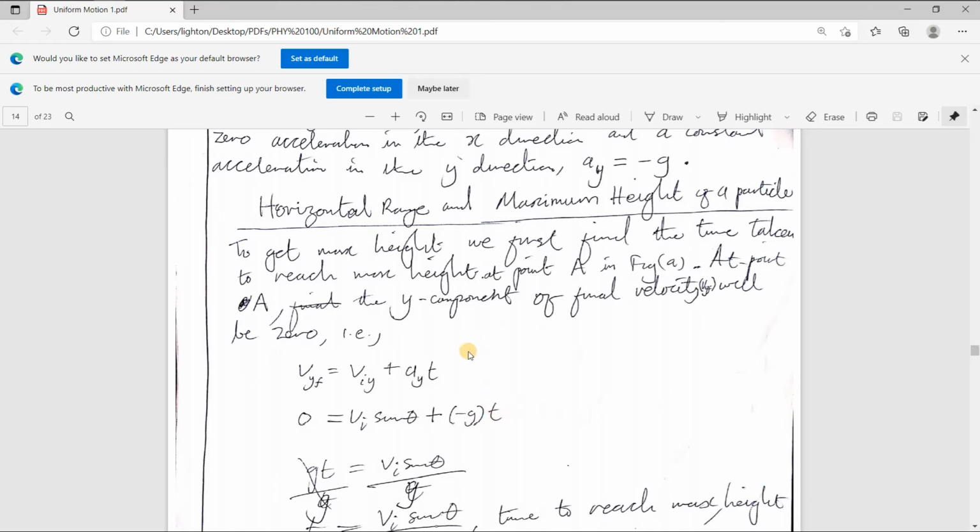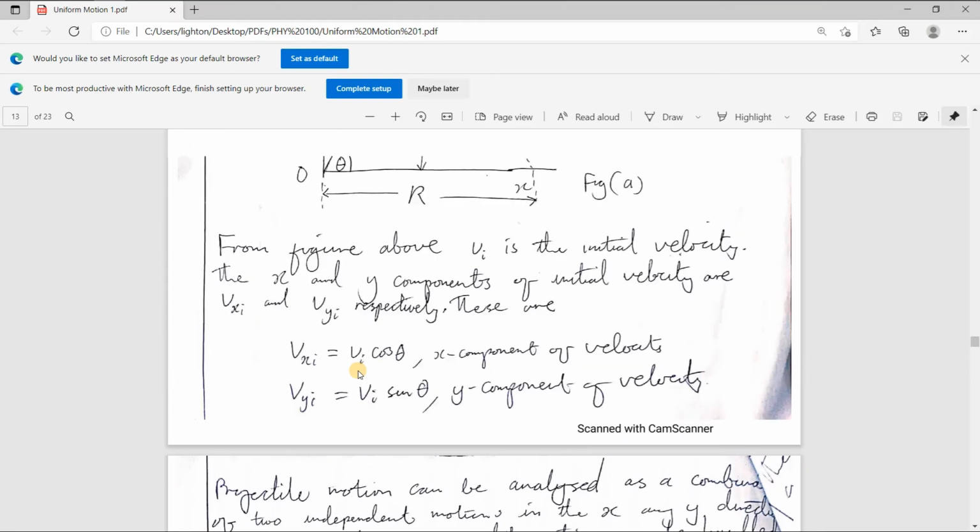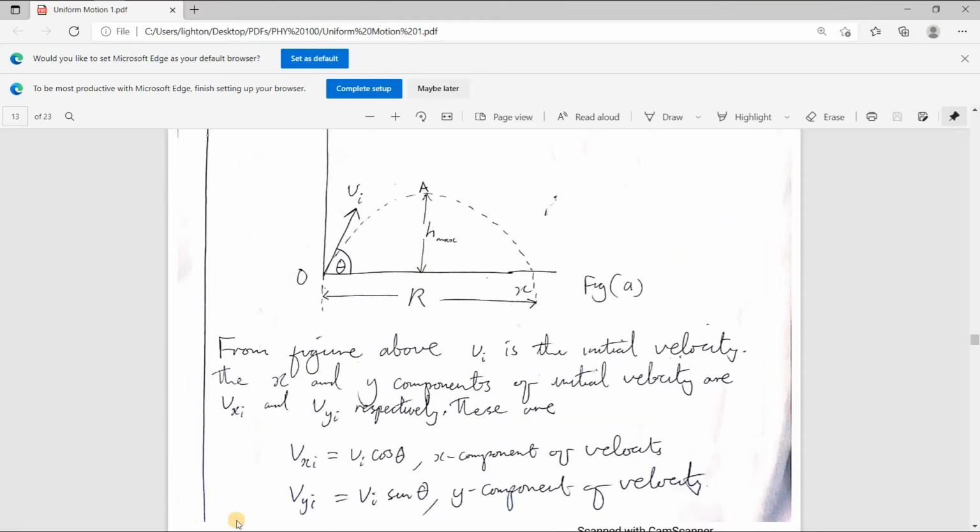So remember, I said Viy here is just the initial component of velocity in the y-axis, which is what we wrote here. Vyi or Viy is the same thing. I don't mind whether I write V subscript Iy or V subscript Yi, which is just Vi sine theta.